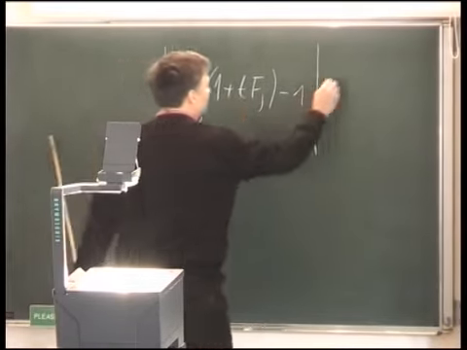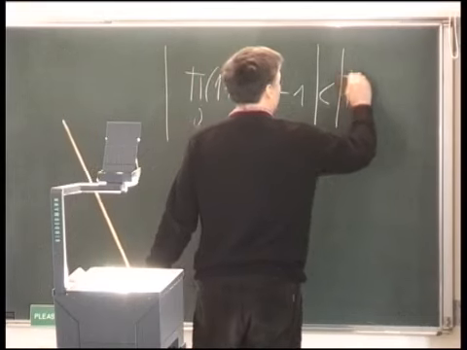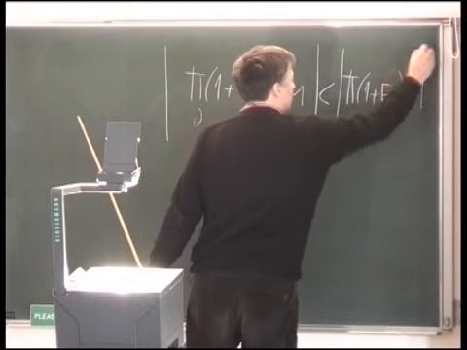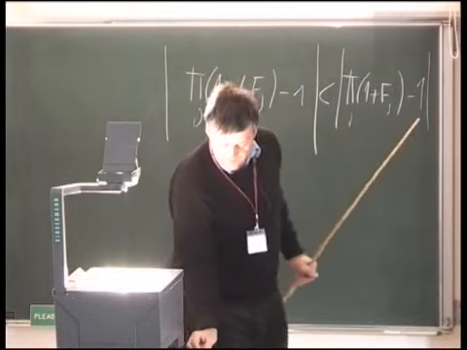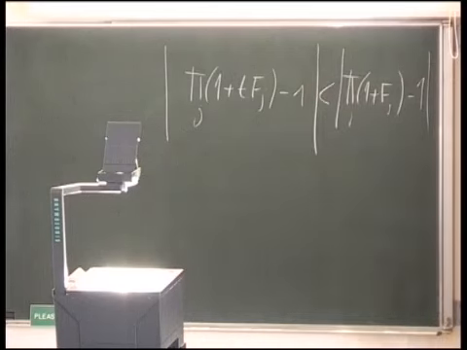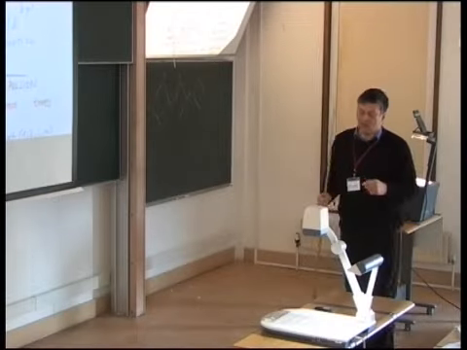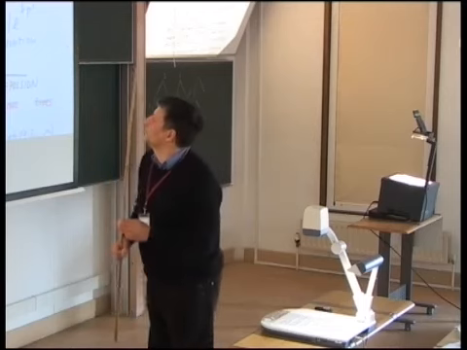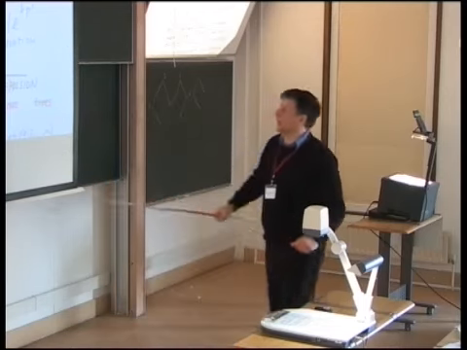The absolute value of this is smaller than the product of 1 plus f_j minus 1. So the model is better in a way that weights are smaller and interaction is softer. So you can assume that bounds which you have for the original model will be valid also for this relaxed model.